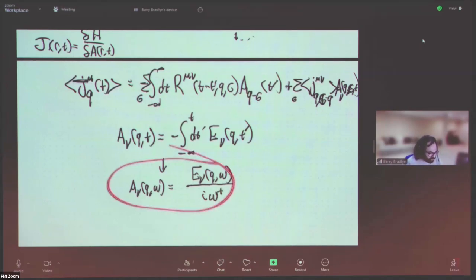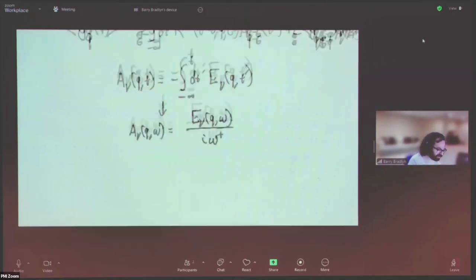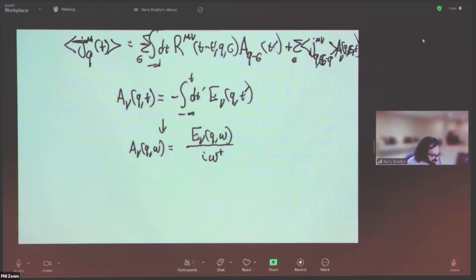So we can put this together with our Kubo formula expression for the response function to define the conductivity.